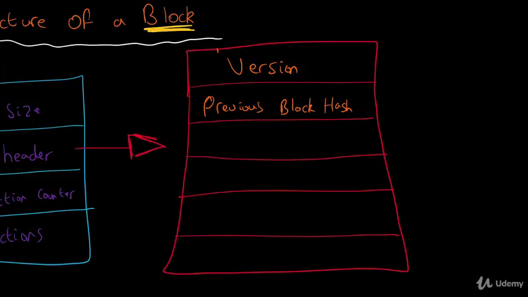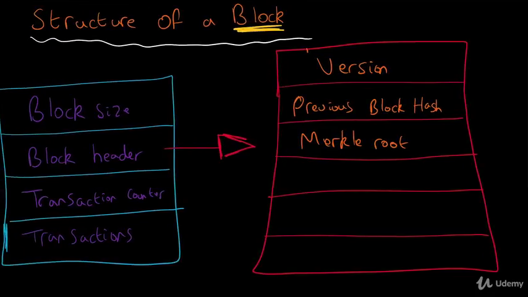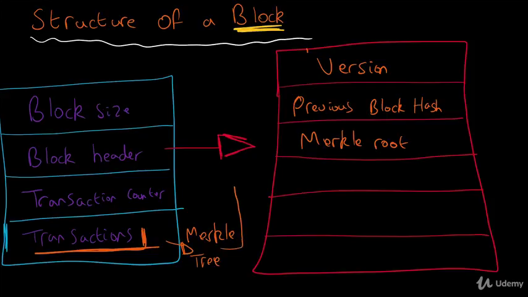We have a Merkle root, and the Merkle root is a hash of the root of a Merkle tree, which we'll cover in a separate video, exactly how a Merkle tree works, and it's of all the block's transactions. So all of these transactions here are pumped into a Merkle tree, and it comes out with a Merkle root.